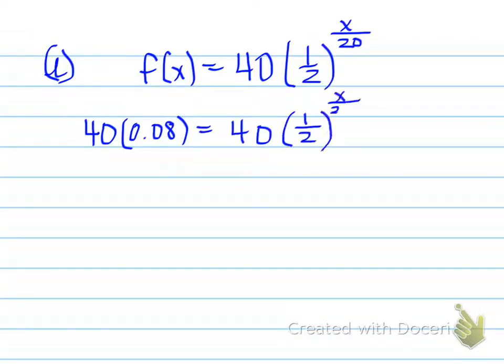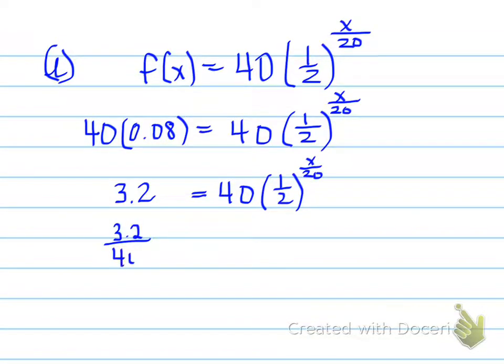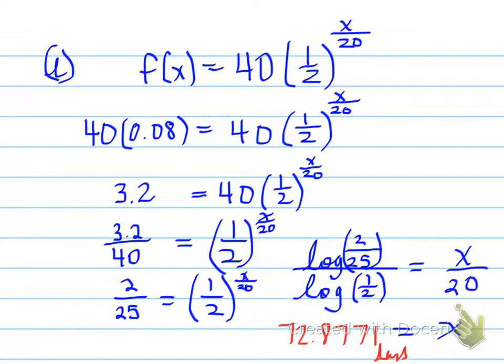So what happens here is that the 40s can cancel each other out, or you can take this and divide it by 40. Ultimately, you will get the right answer and the same answer as I just described. And you will have 40 times (1/2)^(x/20) is equal to 3.2.